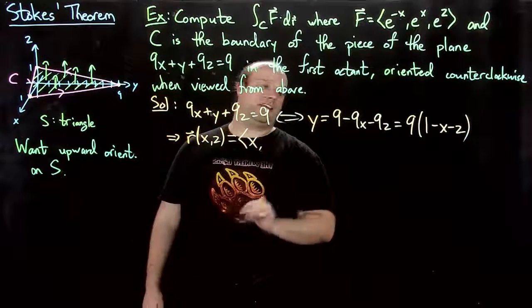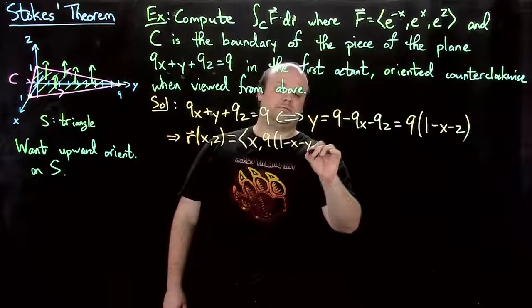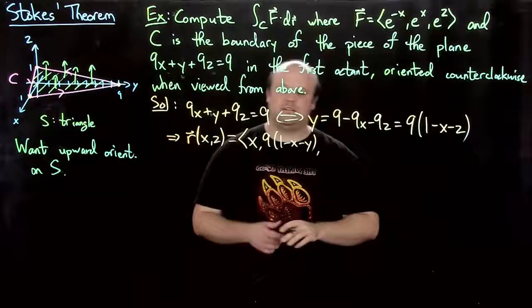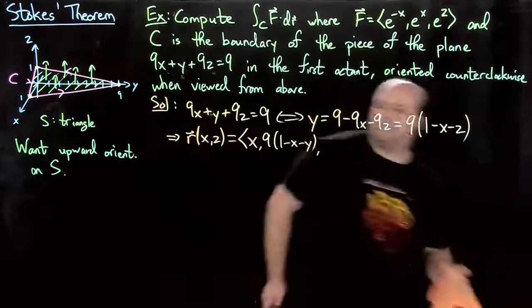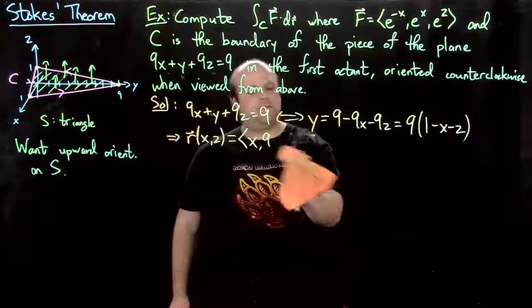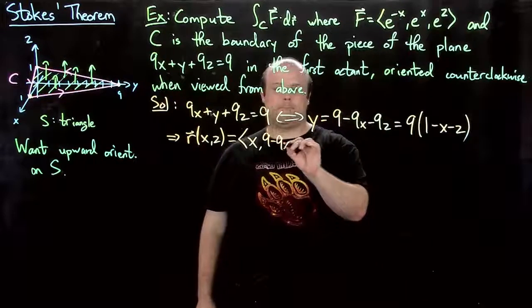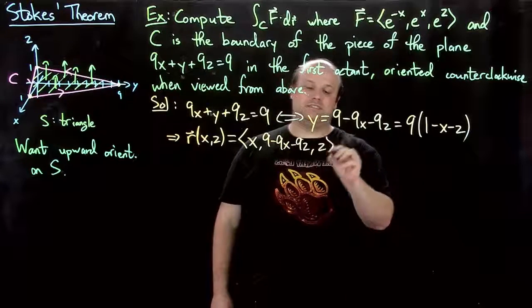So x is just x, y is 9 times 1 minus x minus z, and z is just z. This might look better as y equals 9 minus 9x minus 9z. I've decided. And then just z.